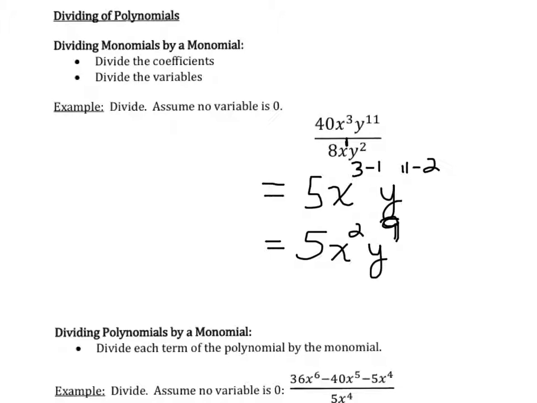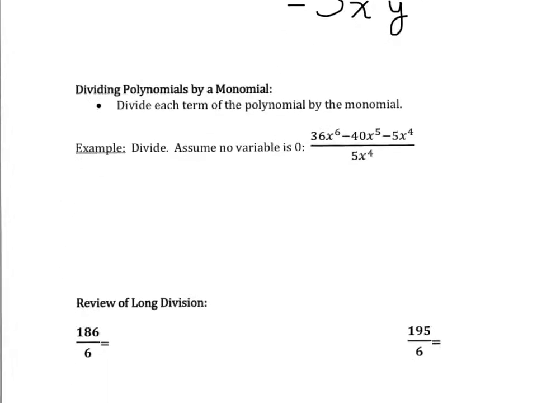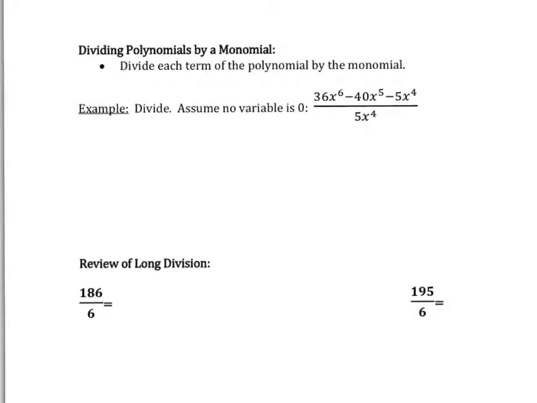That's the simplest case. Now what we want to do is divide polynomials by monomials. All right. And this is going to be similar to multiplying a monomial and a polynomial. Remember, we use the distributive property so we can distribute that monomial to every single term in that polynomial. Well, the same thing is going to happen here, except once again we're having a division.